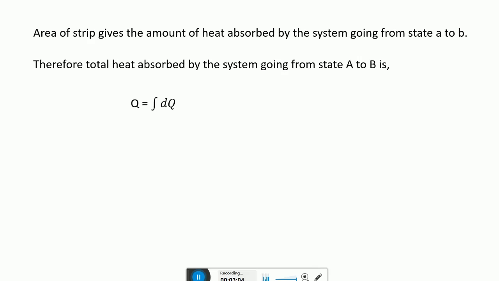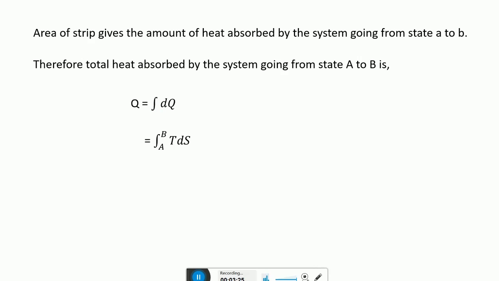Because we have to find the heat for the curve AB, we know the heat absorbed for a small strip. So, if we integrate the heat absorbed by the small strip, then we get the total heat.